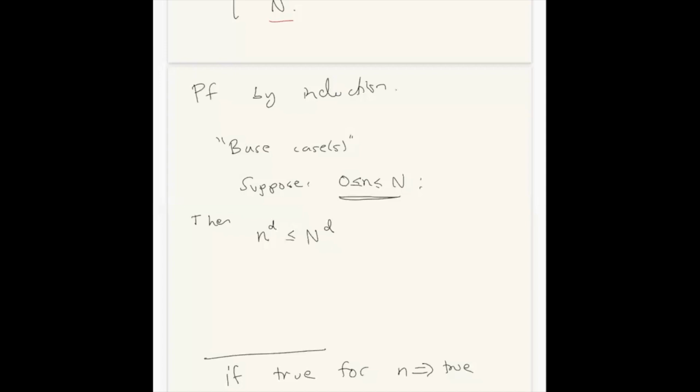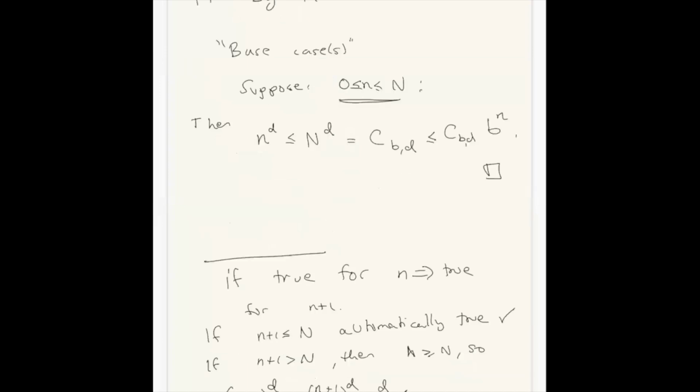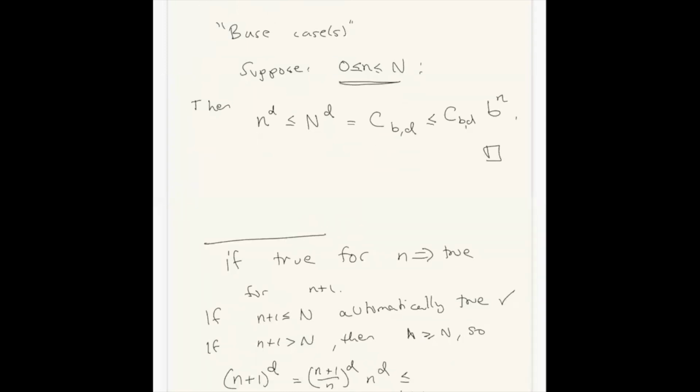And because b is bigger than 1, this is less than C_{b,d} b^n. We're done with the first part. This is what I mean by the constant absorbing the first terms. If you want to get a bound for finitely many things, essentially the maximum of those terms works.